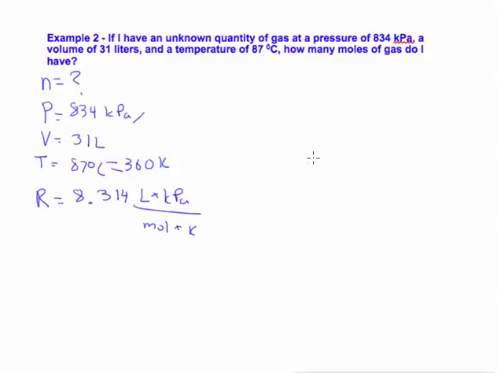Our equation, the ideal gas law, is PV equals nRT. And to solve for n, we divide both sides by RT. So n equals PV divided by RT.